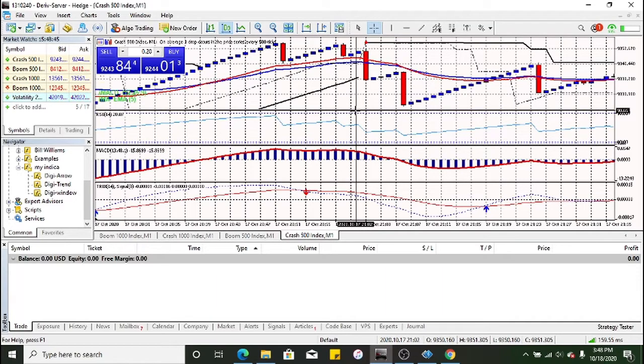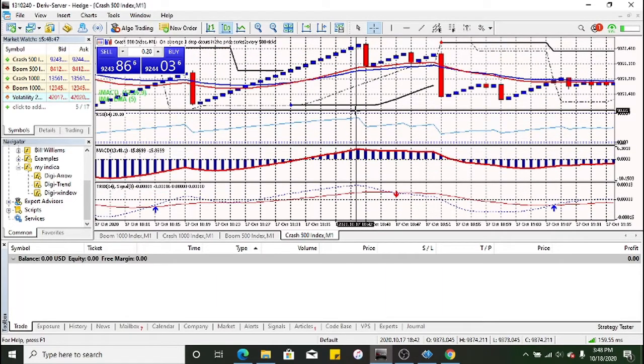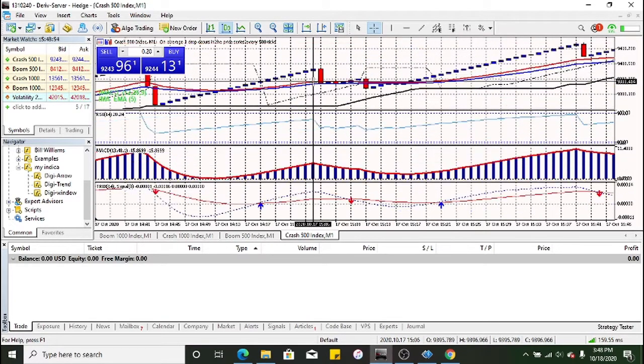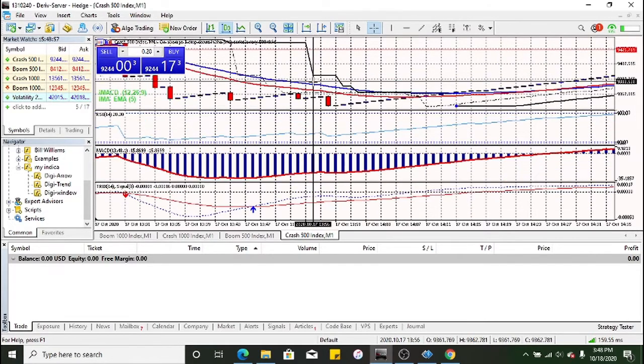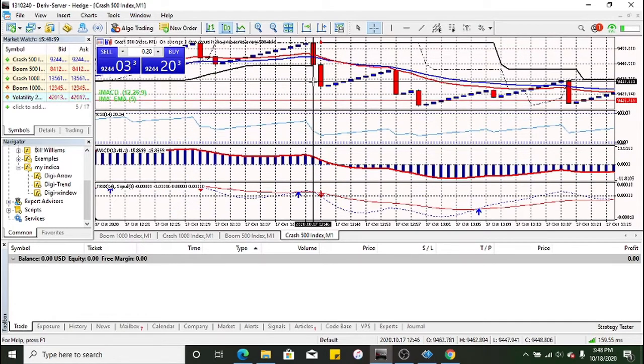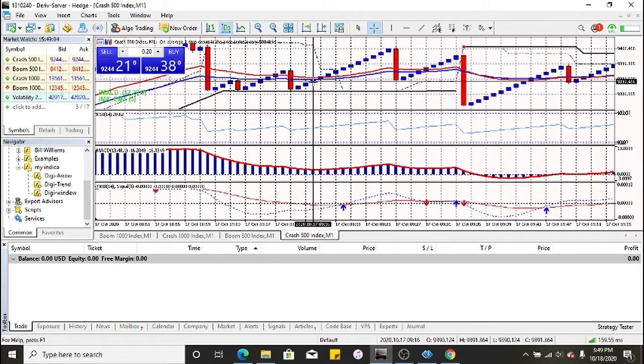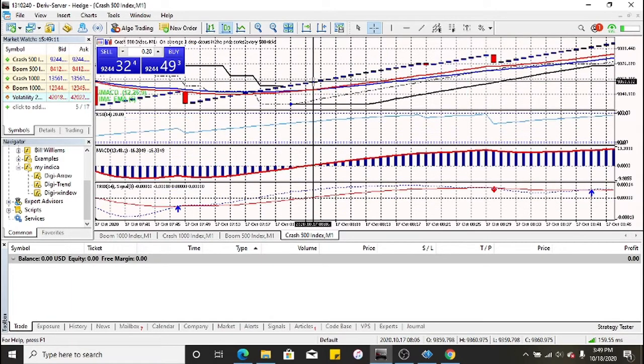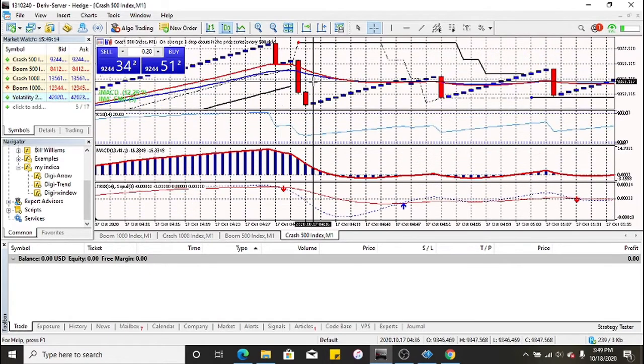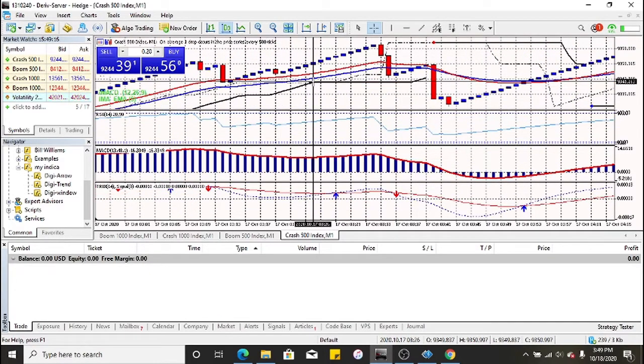And you can get about 10 to 20 of these perfect setups in a day. So you don't need to stress yourself or pressure yourself on the market, because at the end of the day you are the one that will lose if you try to stretch the market. This is the right thing to do to preserve yourself. There are a lot of setups that you can get in a day.